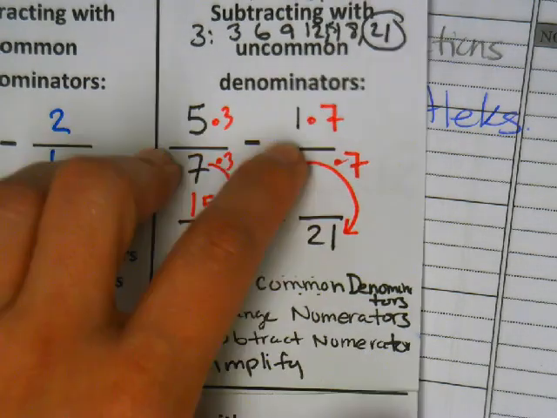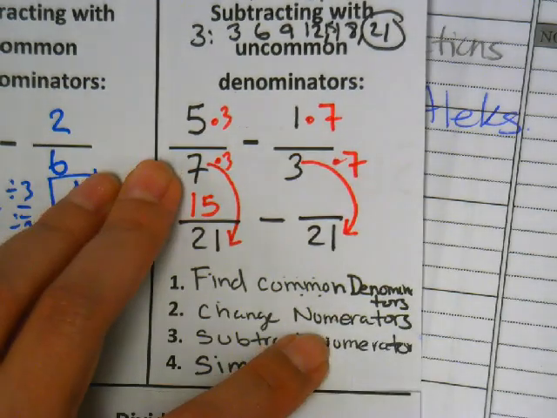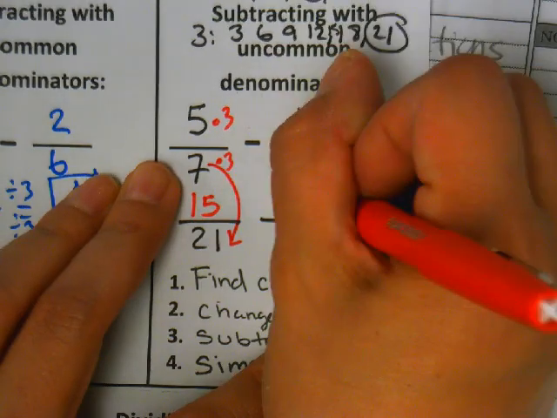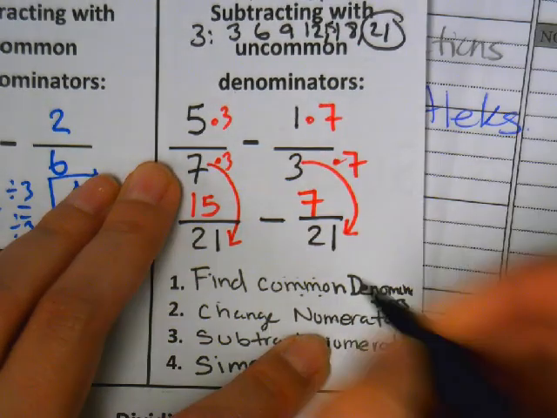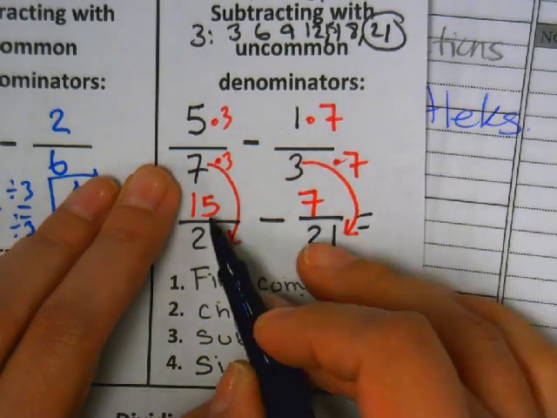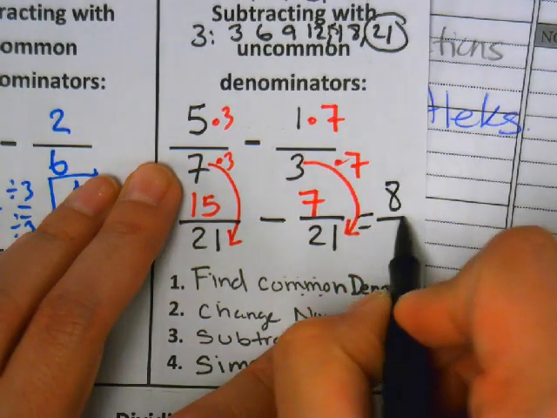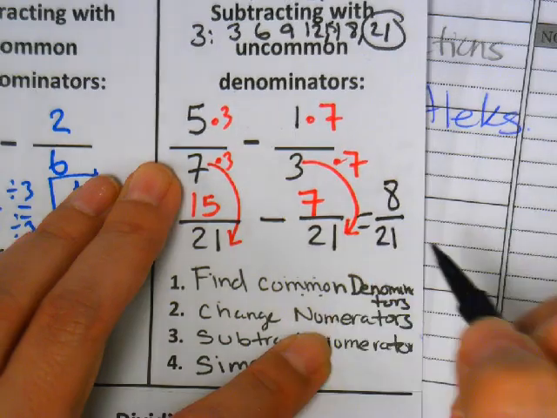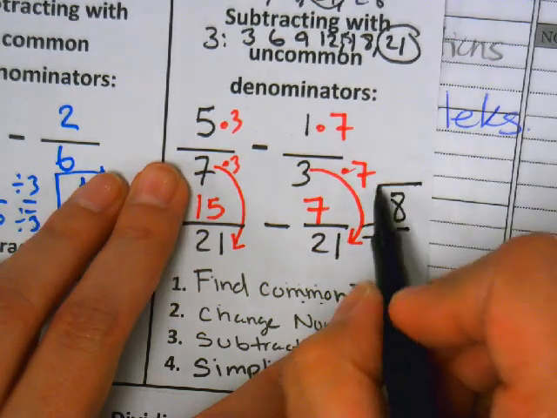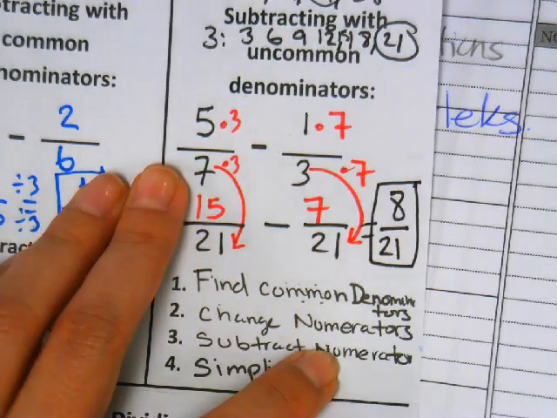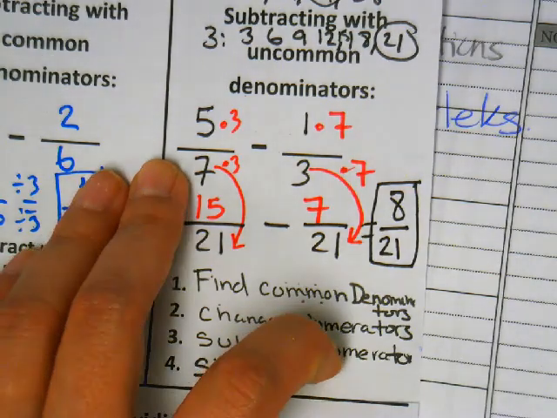So what's 1 times 7? 7. What's 15 minus 7? 8. Over 21. 8 over 21. Can we simplify?